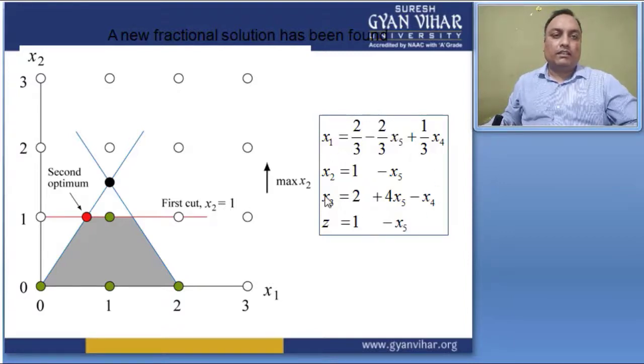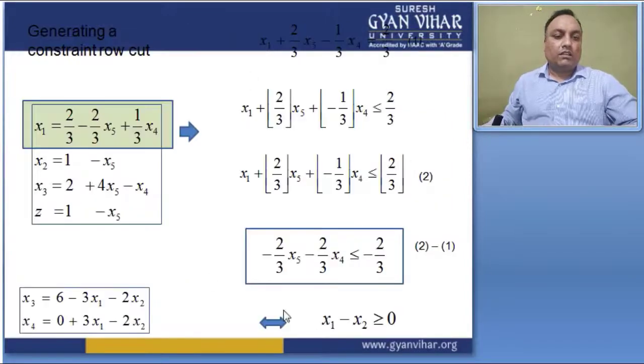So in all the cases it gives minus 2/3 x5 and minus 2/3, then x3 and x4 are given by these functions, and it gives a one-constraint value.